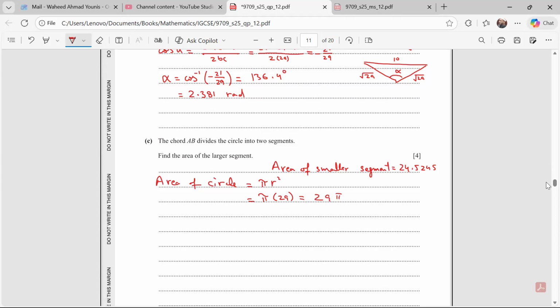So now we can find the area of the larger segment.